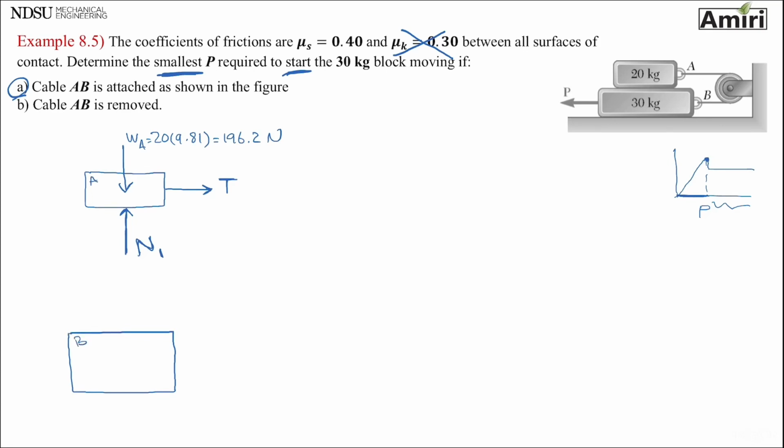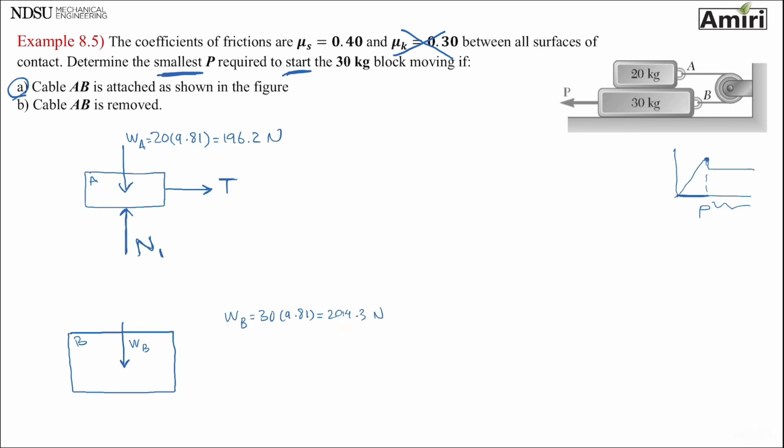has a weight of 30 kilogram. So WB, which is 30 kilogram, 9.81, should be 294.3. Okay.